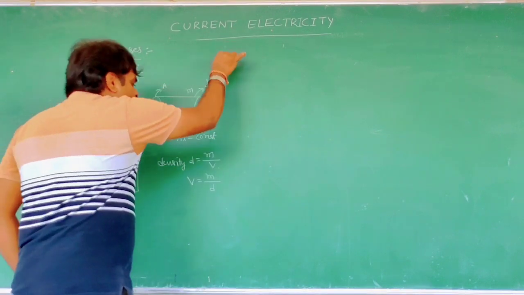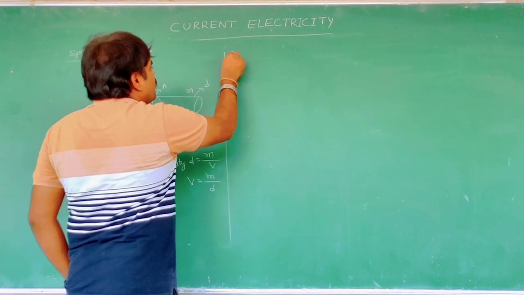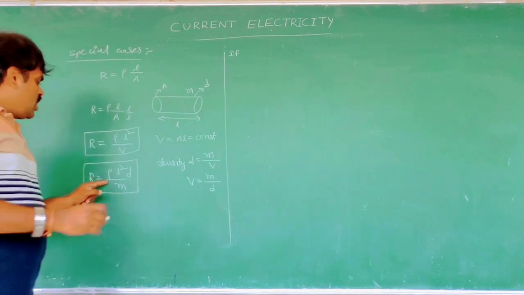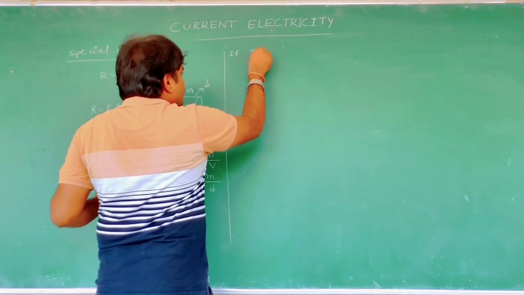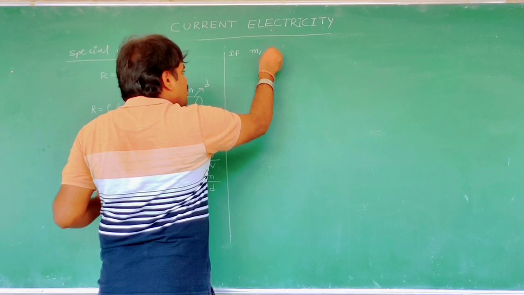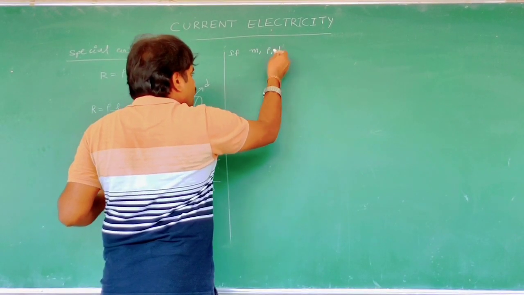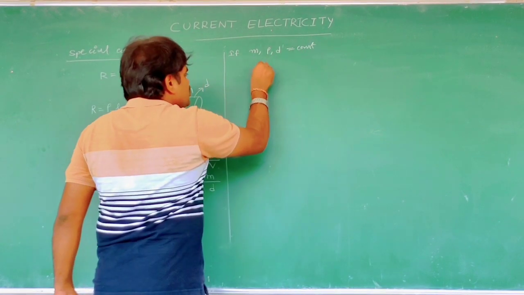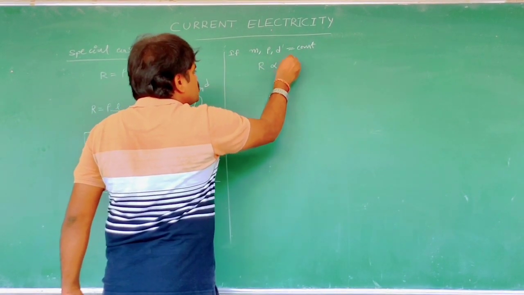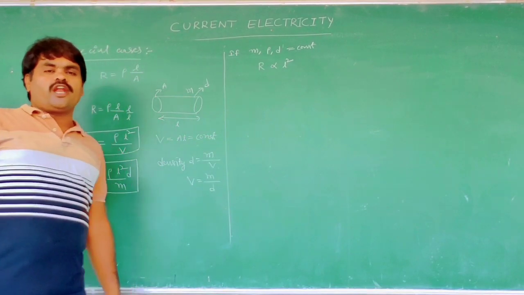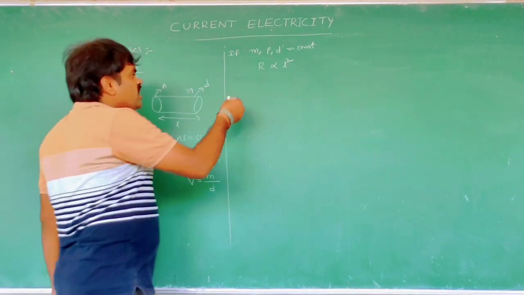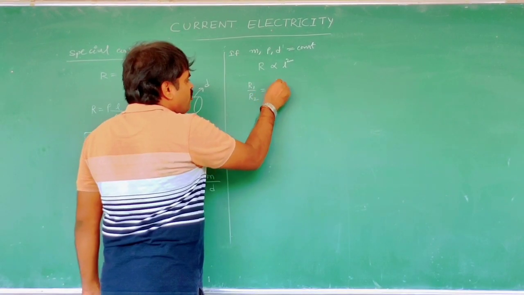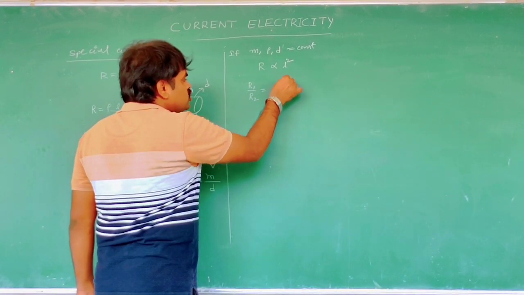Now if the mass of the conductor, and the density and resistivity of the conductor, are constant, then the resistance of the conductor is proportional to the square of its length. Then here we write R1 by R2 is equal to L1 by L2 whole square.